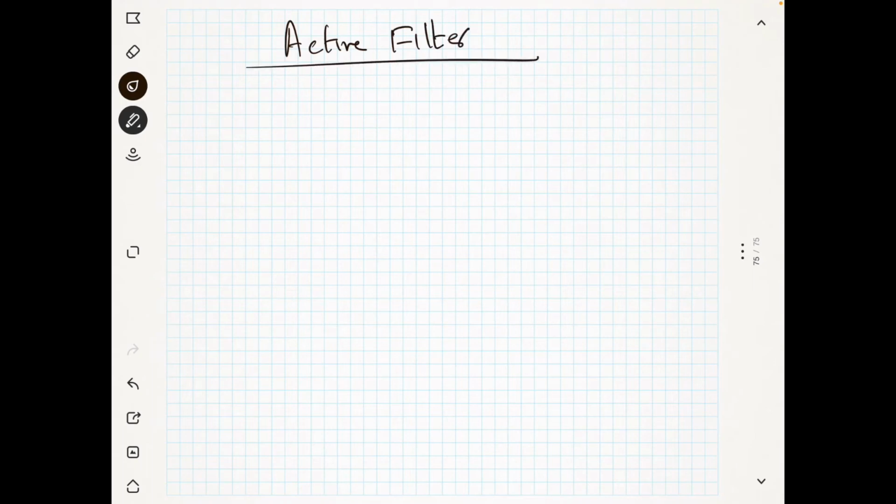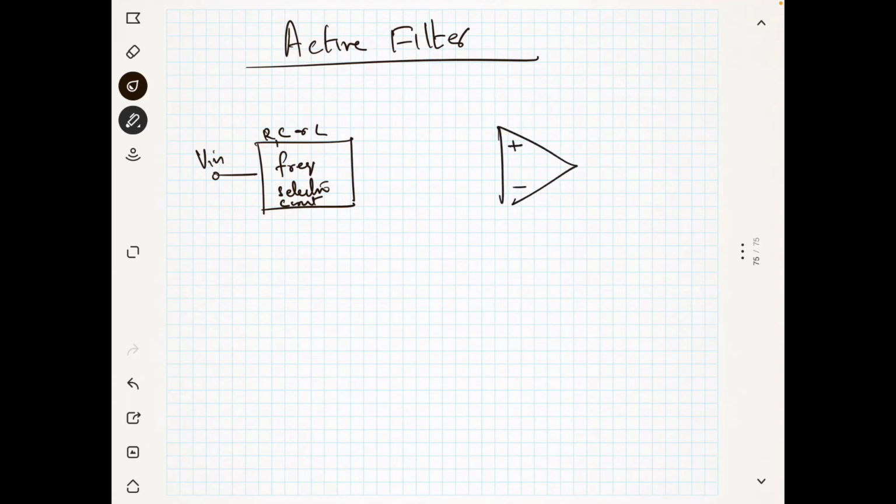In an active filter you have an input V in, and a frequency selective circuit, which can be R, C or L elements. You have an amplifier using an op amp, and this amplifier has a gain. The circuit analysis is a little complex, so I will not go into much detail. If you want to do the analysis, convert everything into S domain.